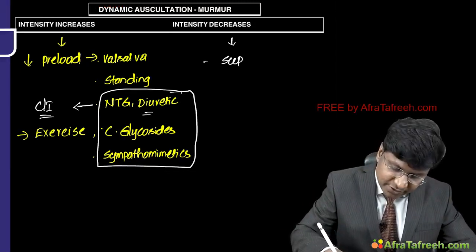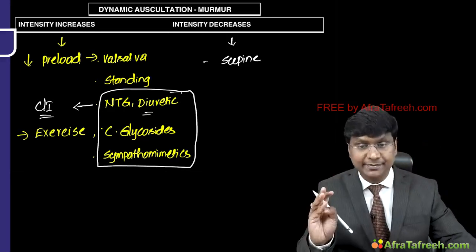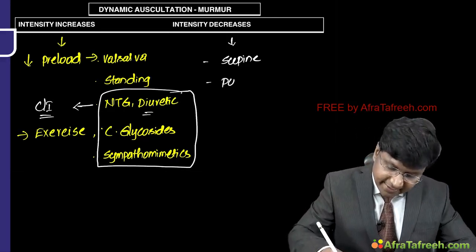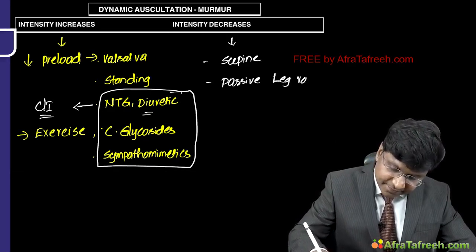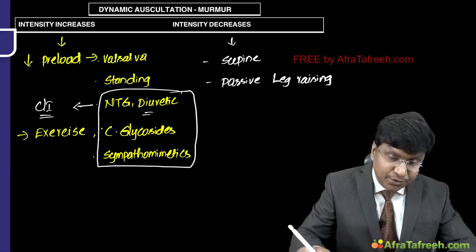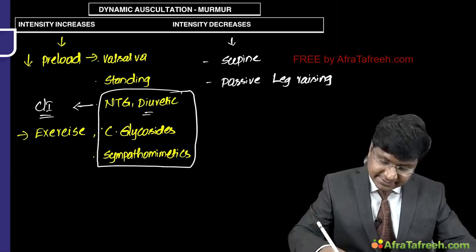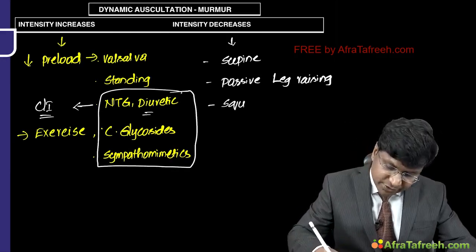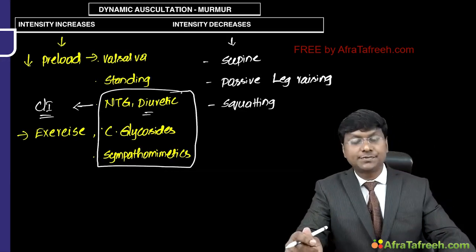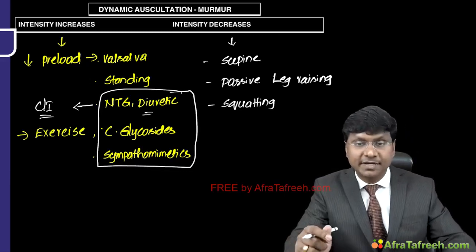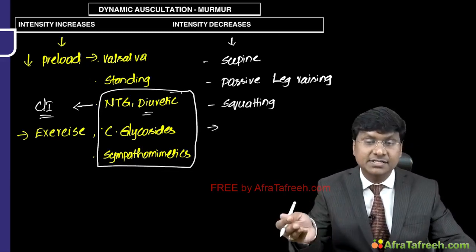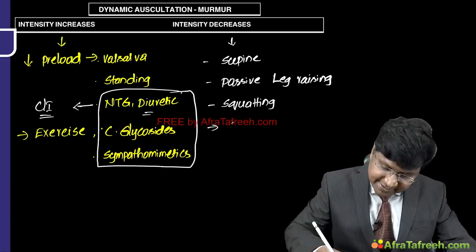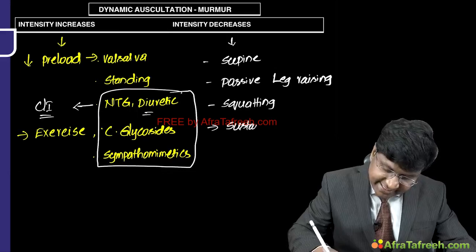When the individual is made to lie down in supine position, when you do a passive leg raising, and in the squatting position, the venous return increases, the LV volume increases, obstruction decreases, and the intensity of the murmur also decreases. And there are conditions where there can be an increase in the afterload, that is upon doing sustained hand grip.